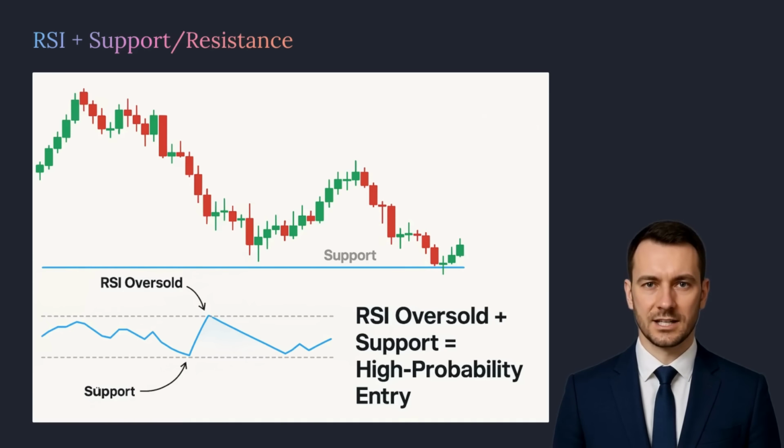Likewise, RSI greater than 70 at a known resistance is a strong warning of a potential downturn. Overbought plus resistance. In practice, you might patiently wait for an asset to reach a support zone and see RSI flash oversold. That's your cue to look for a bullish entry. The support gives a logical price floor, and the RSI indicates an oversold condition due for a bounce.